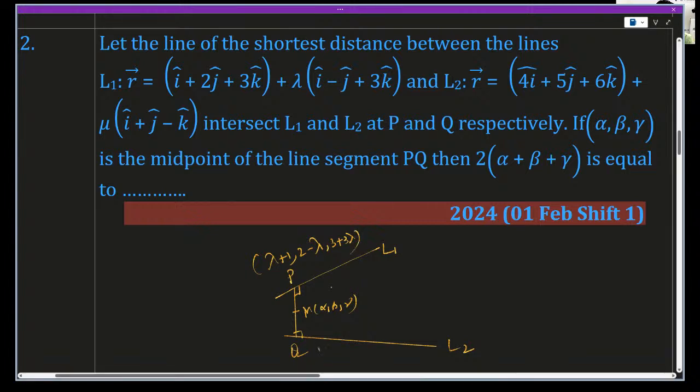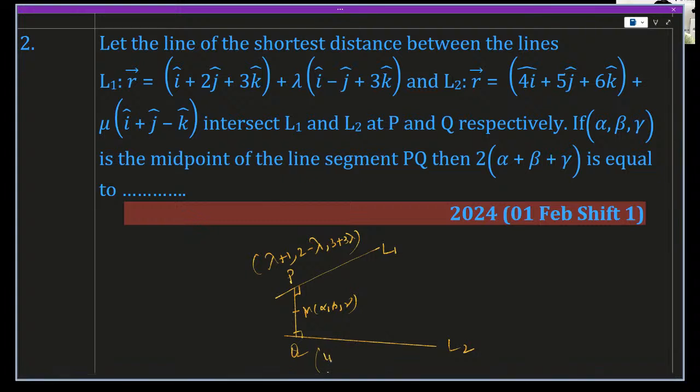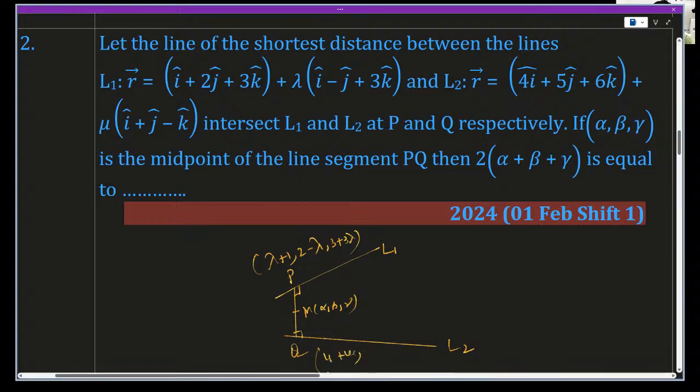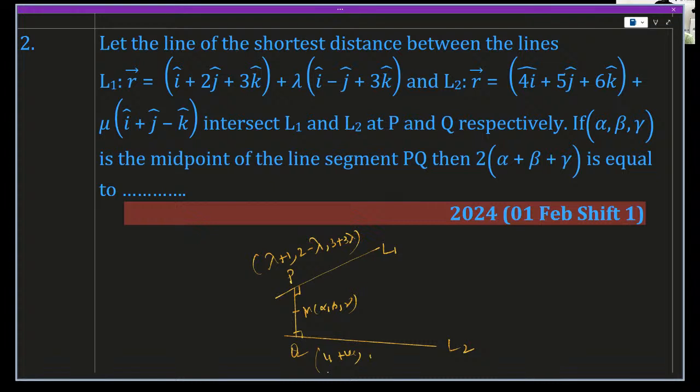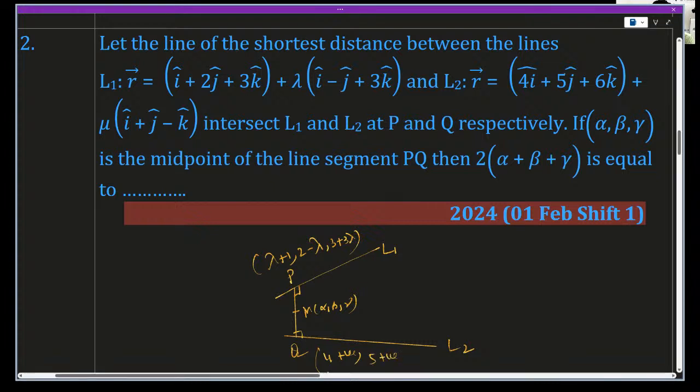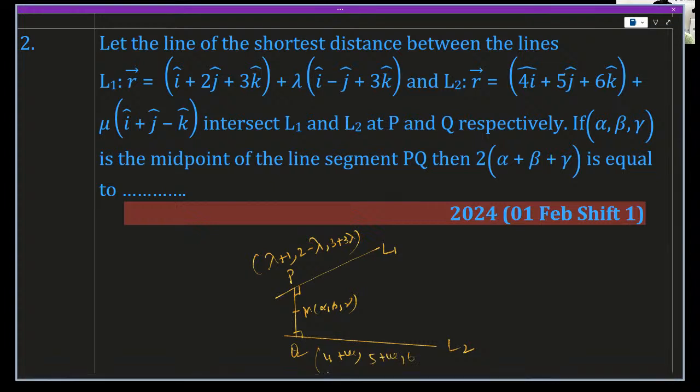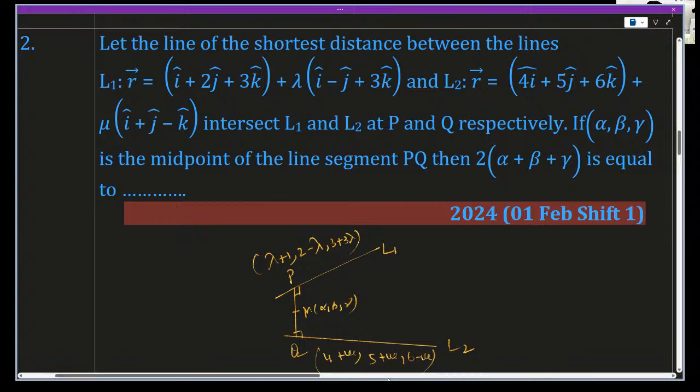A point on the second line is (4 plus mu, ..., 5 plus mu). You understand?